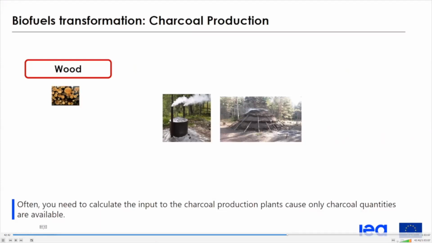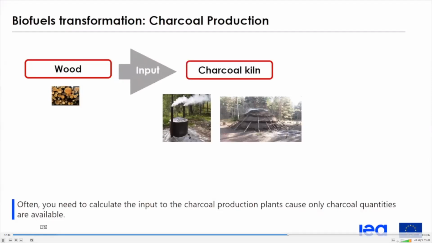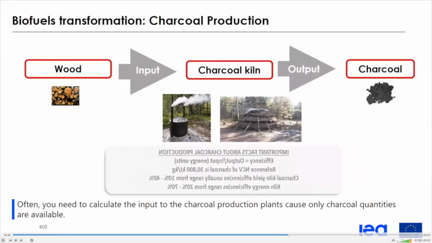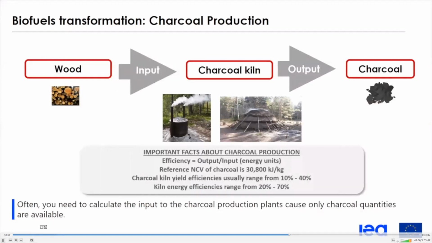So, as before, we can see that wood is an input into the charcoal kiln. So here you have 2 examples of kilns that can be found in the world. And the output is the charcoal. So, important facts about the charcoal production.